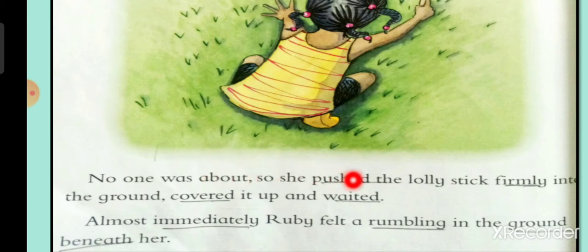Waited. It is the second form of verb. Immediately. Immediately means at once or quickly. Rumbling. Rumbling is a deep, rich, repeated sound. In the ground beneath her. Beneath means below or underneath.